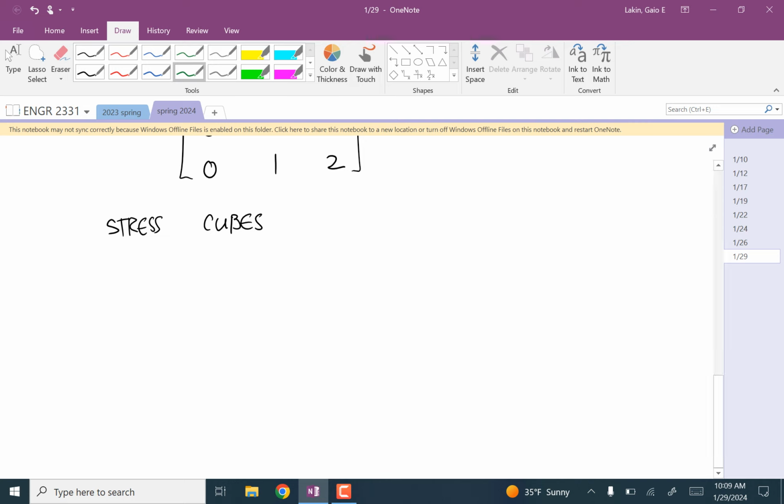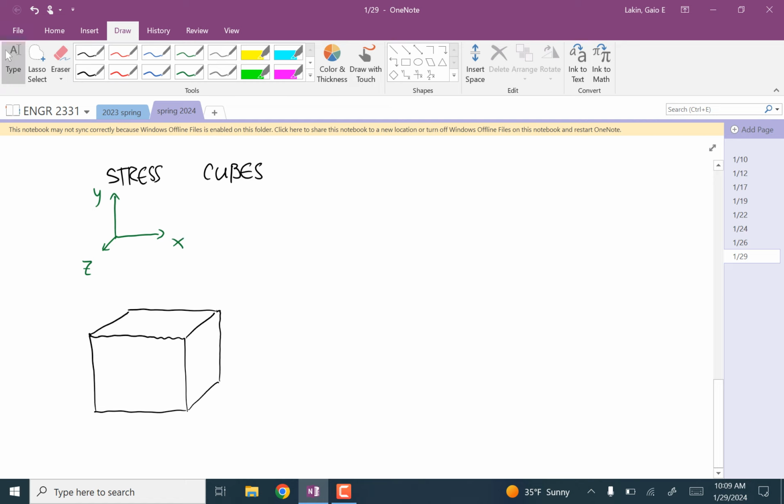In the original coordinate system, the face on the right is the x face. The face on the top is the y face. The face facing us is the positive z. Okay.